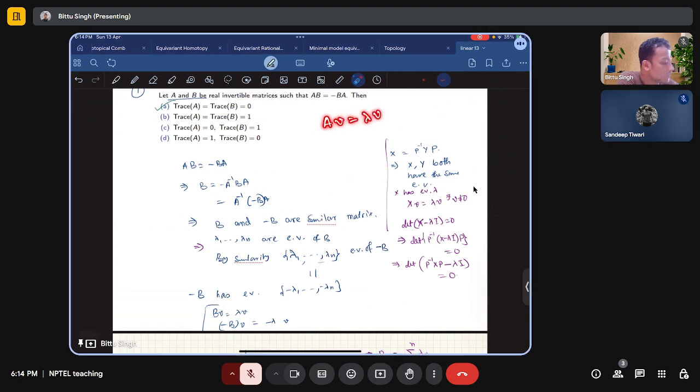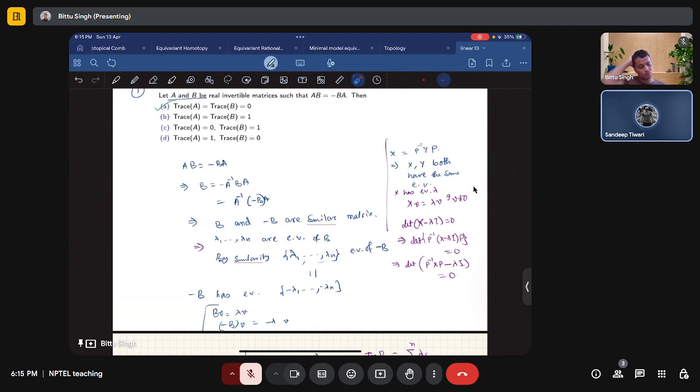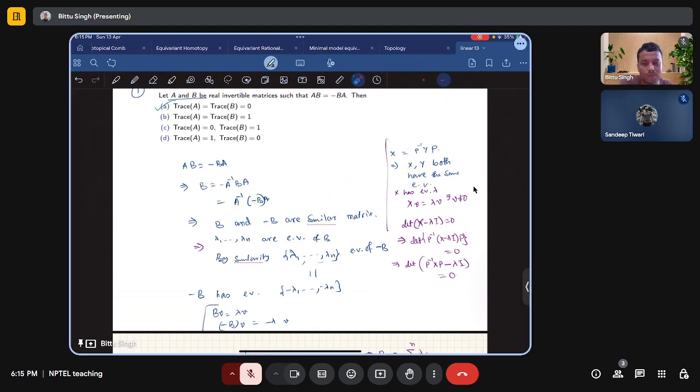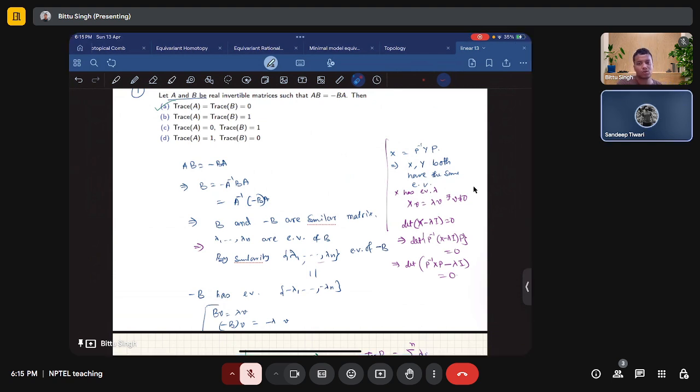AV equal to lambda V will imply P inverse AP times P inverse V is the same as lambda P inverse V. So that V we may not get the same V. That is, the same eigenvector may not work for another similar matrix. Though eigenvalues are the same, the eigenvector may not be the same. So the earlier argument cannot be applied. Sorry about that.